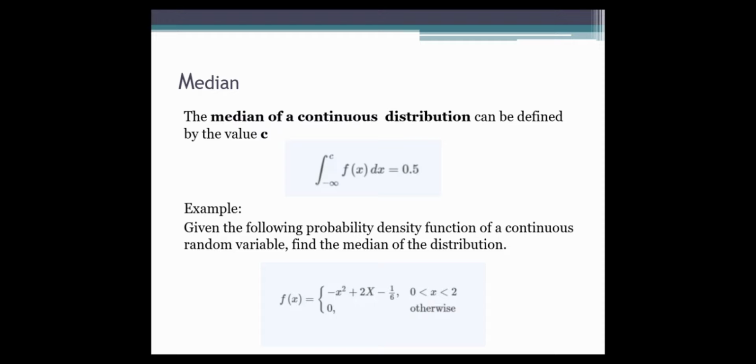So, example: given the following probability density function of a continuous random variable, find the median of the distribution. f of x is equal to negative x squared plus 2x minus 1 over 6 for 0 less than x less than 2, otherwise it is 0.